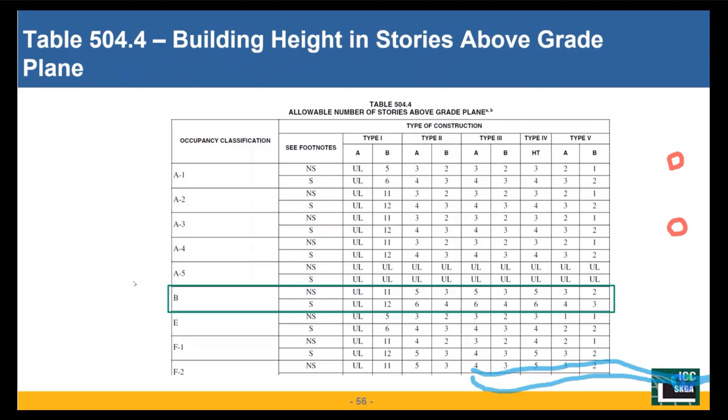This table talks about the building height and number of stories above the grade plane, not just feet above the grade plane. So the building height is measured in feet and also number of stories, and you have to check both. For example, for a B occupancy, which I highlighted, if the building is type 1A, it's immaterial.